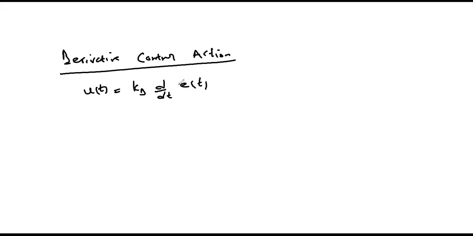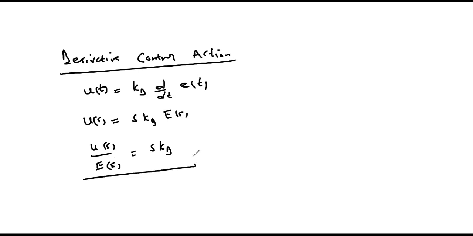So the control signal is a derivative of the error signal. From this, we can observe that u of s will be equal to s kd e of s. And our controller is defined by u of s over e of s equals s kd.